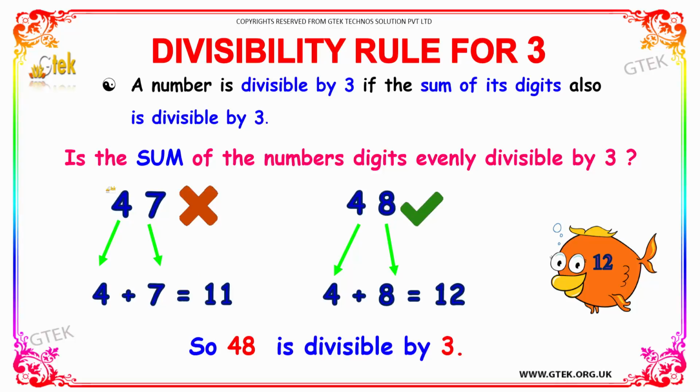If you see, for 47, 4 plus 7 gives 11, which is not perfectly divisible by 3. Whereas in the case of 48, 4 plus 8 is equal to 12, which is perfectly divisible by 3, with the factor 4. That is, 4 threes will give you 12. So hence 48 is divisible by 3.